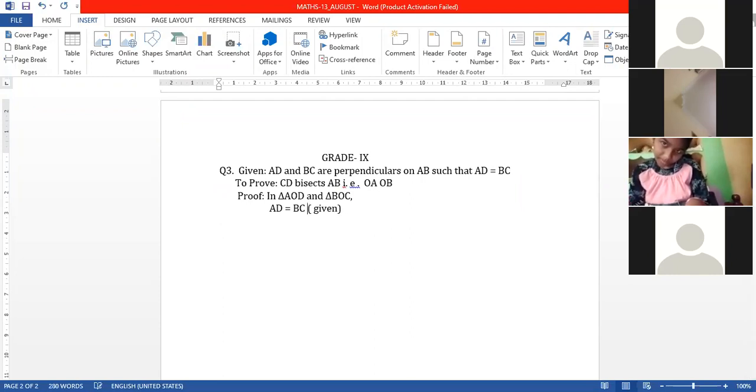Next. Here in the figure, students, you are observing angle A and angle B both are right angles. Means I can write angle OAD is equal to angle OBC.